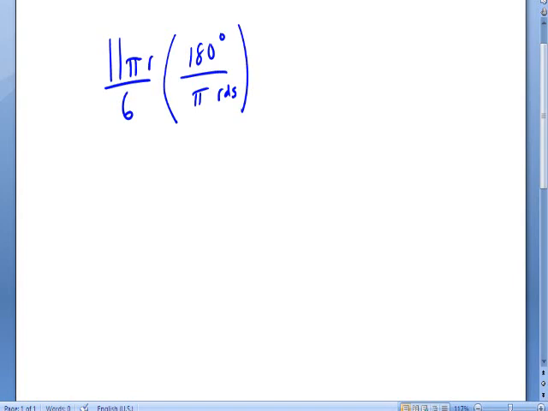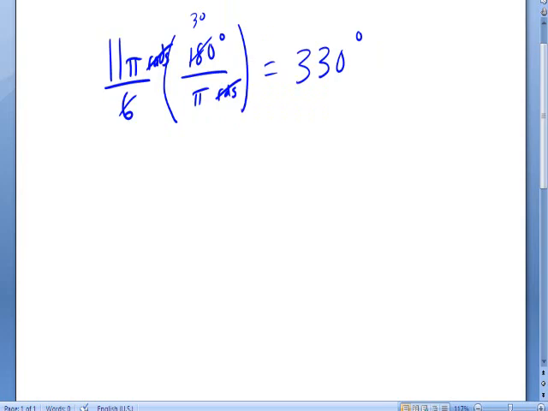In this case, I didn't label it right away, but the radian labels would cancel off, and we would end up with a degree label. 180 divides by 6 30 times, and then 30 times 11 gives me my answer, 330 degrees. So if we're ever talking about an angle measure of 11 pi over 6, we are referring to 330 degrees.